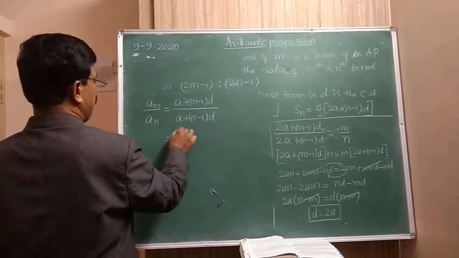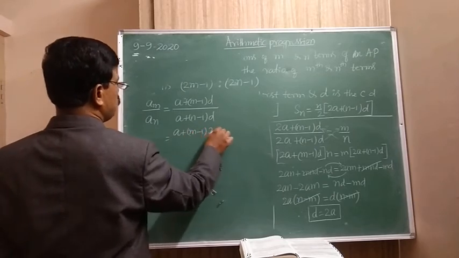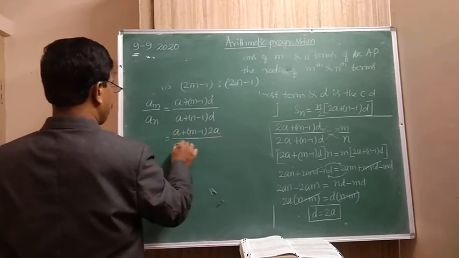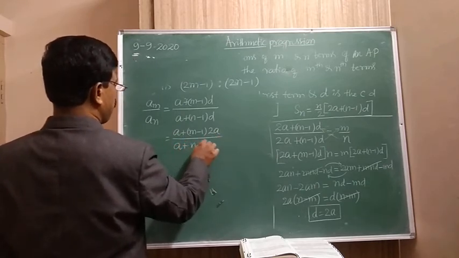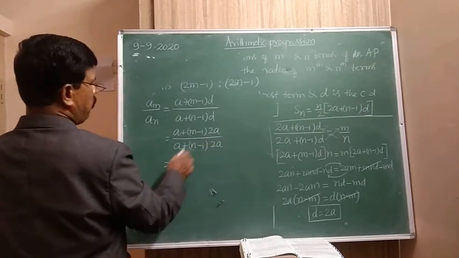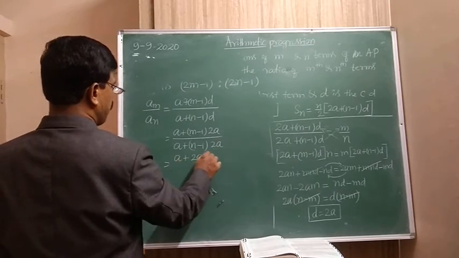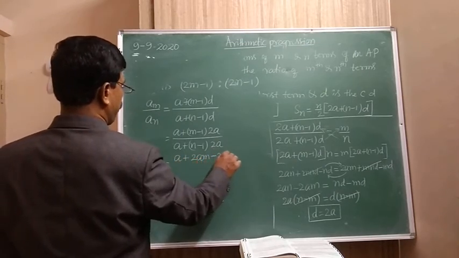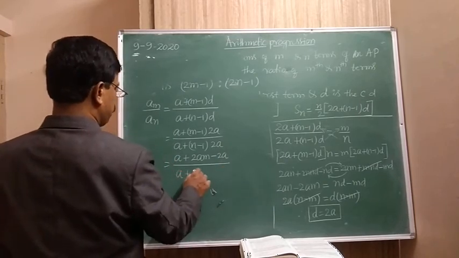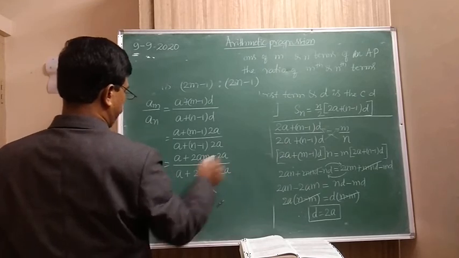Now a plus m minus 1 into 2a, substituting the value of d as 2a, by a plus n minus 1 into 2a. Now multiplying this, a plus 2am minus 2a by a plus 2an minus 2a.